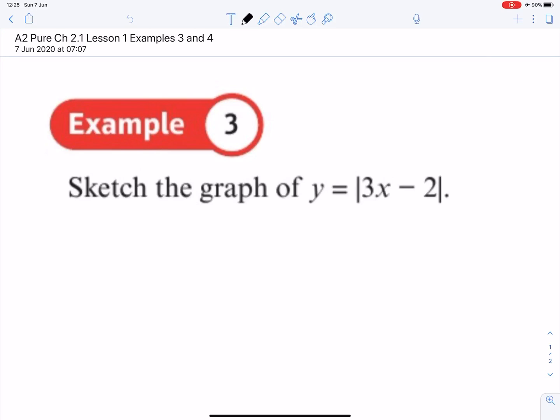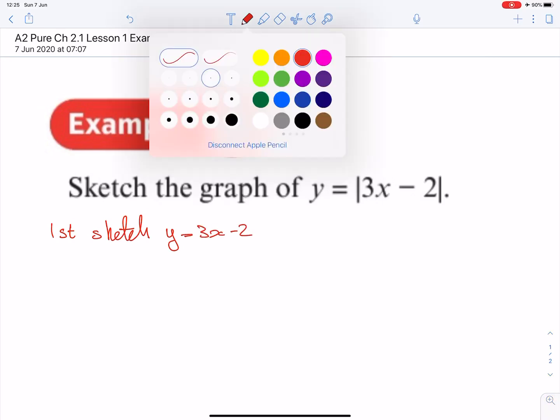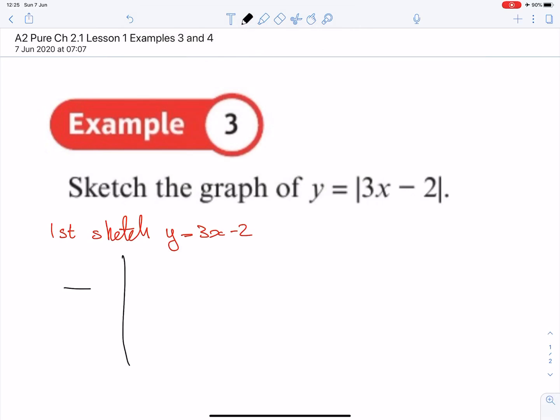So first, sketch y equals 3x minus 2. Depending on what you remember, we can put in x and y values. There are other ways of doing this.